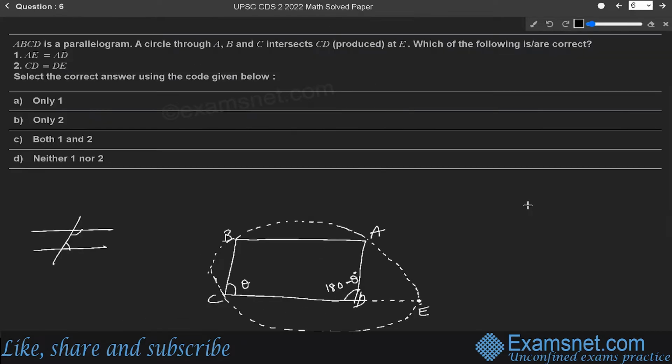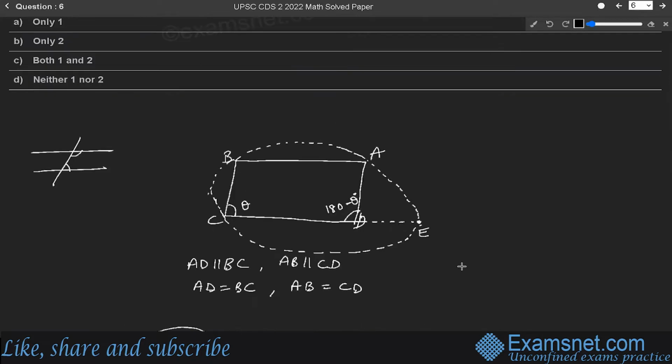So now in this case, angle D and angle B are opposite angles. So we can say that angle B will also be 180 minus theta. And since this portion is 180 minus theta, and we know that this whole portion is 180, this particular portion, which is angle ADE, will be equal to theta.